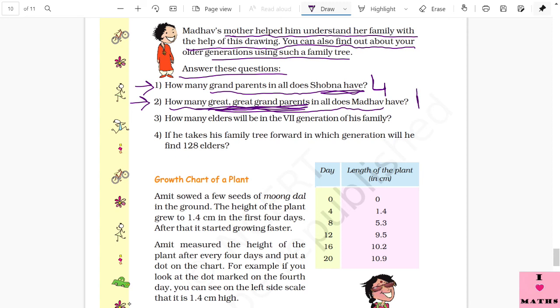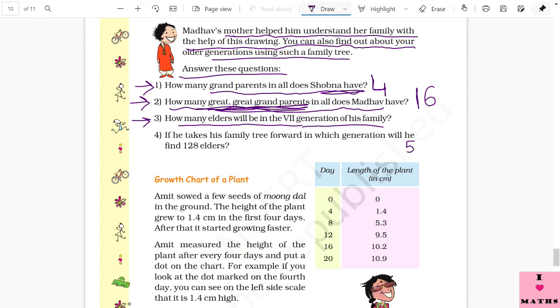Madhav has 16 great grandparents, 8 from his father's side and 8 from his mother's side. Now, third question is, how many elders will be there in seventh generation of his family? Okay, children, we have studied till fifth generation of his family.